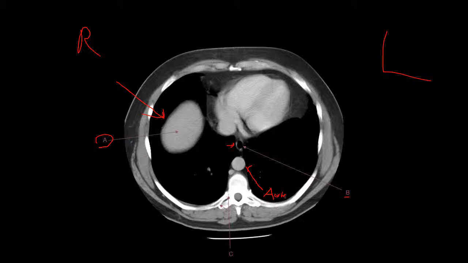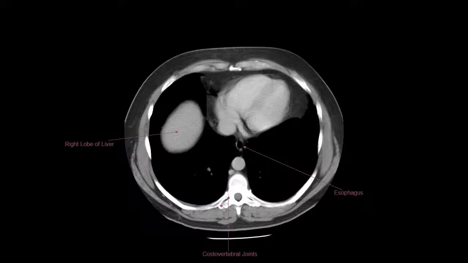This is in front of the aorta, not quite circular, behind the heart. Esophagus. So that's the esophagus coming down. And then C is simply pointing at the ribs where they have their junctions with the vertebrae, so costovertebral junctions.